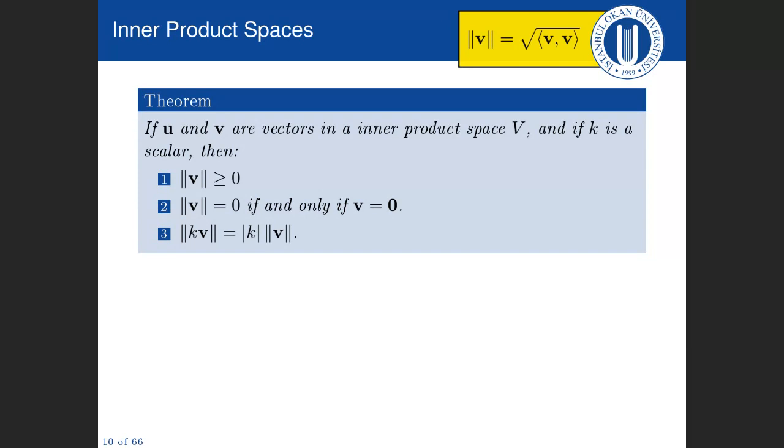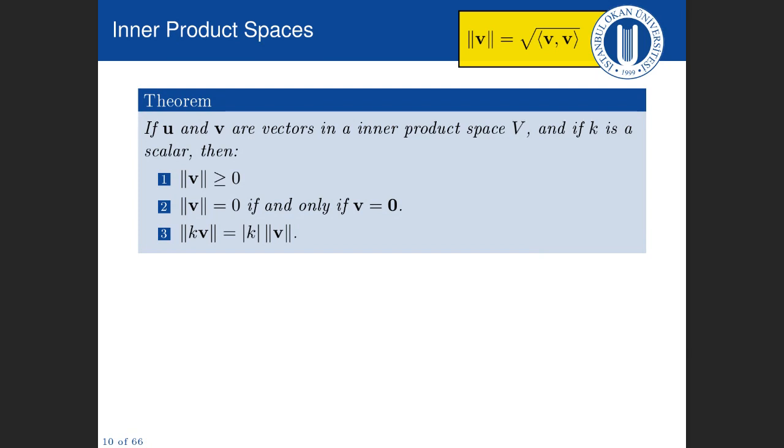The first theorem for today's lesson. If u and v are vectors in an inner product space V, and if k is a scalar, then the norm of v is always greater than or equal to 0. The only way that the norm of v can be equal to 0 is if we have the 0 vector, and the norm of the 0 vector is always 0.